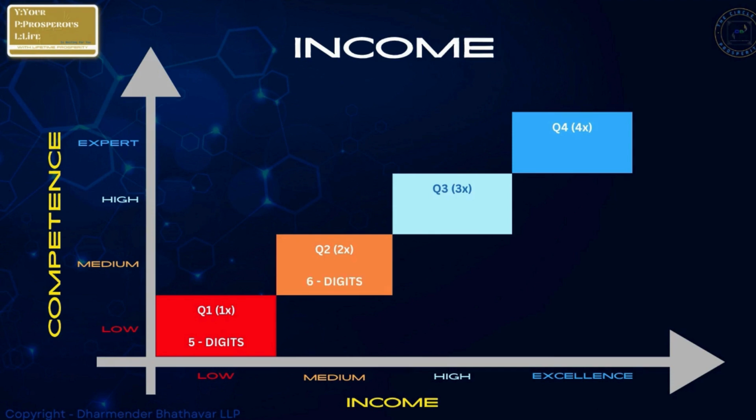And quadrant 3, which is high on both ends, here we can find entrepreneurs who are earning between 7 and 8 digits per annum.